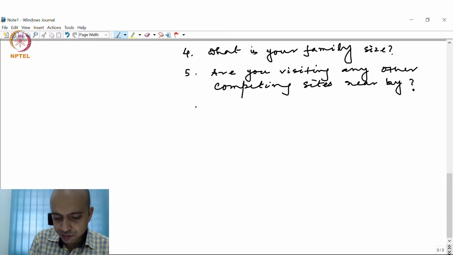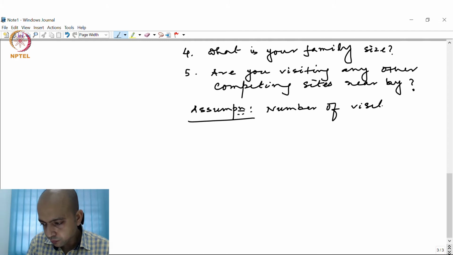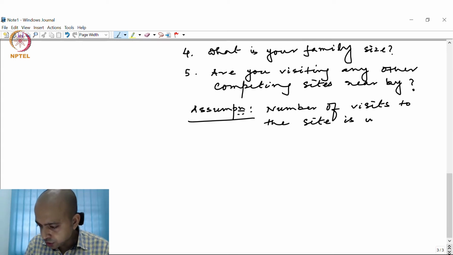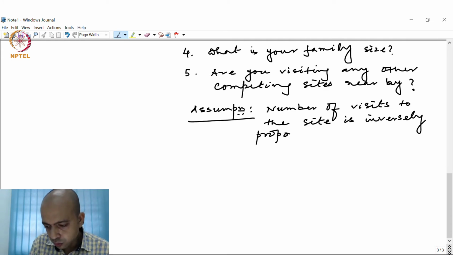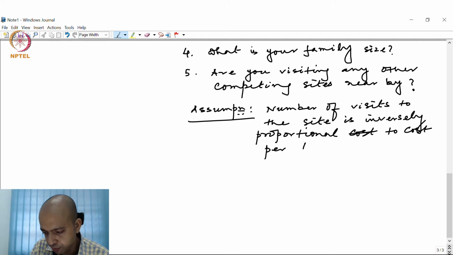Here the assumption is that the number of visits to the site is inversely proportional to cost per trip.